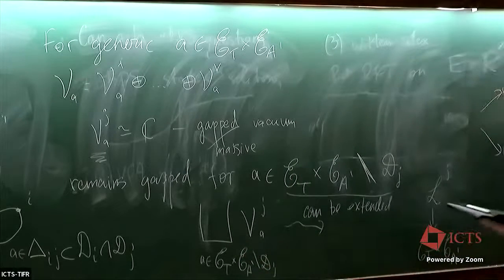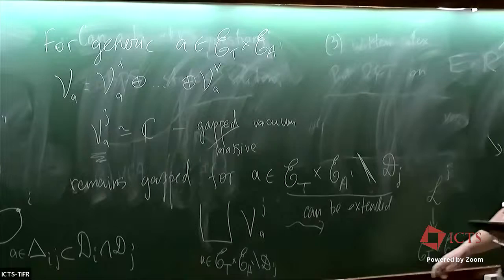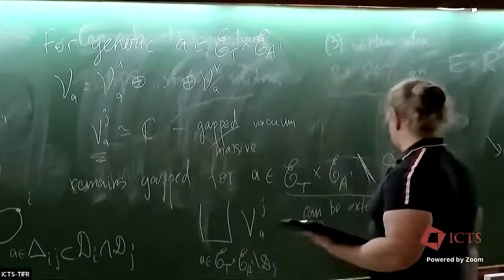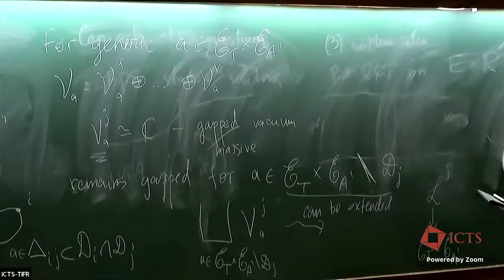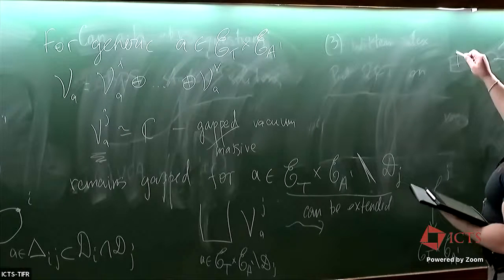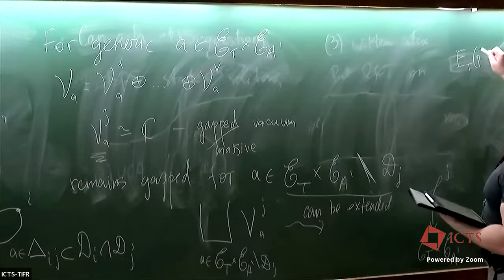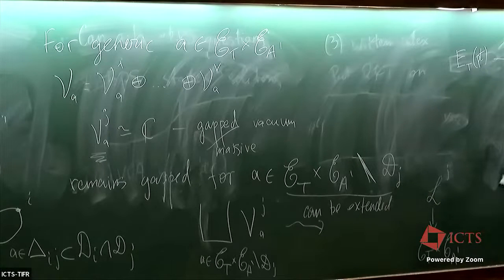But once you start looking at, so here I'm just focusing on the vacuum number J. But if you start looking at all of them together, the picture you get is that to each vacuum I will depict by a line a copy of this ET of a point. Let's say this is for vacuum number 1.